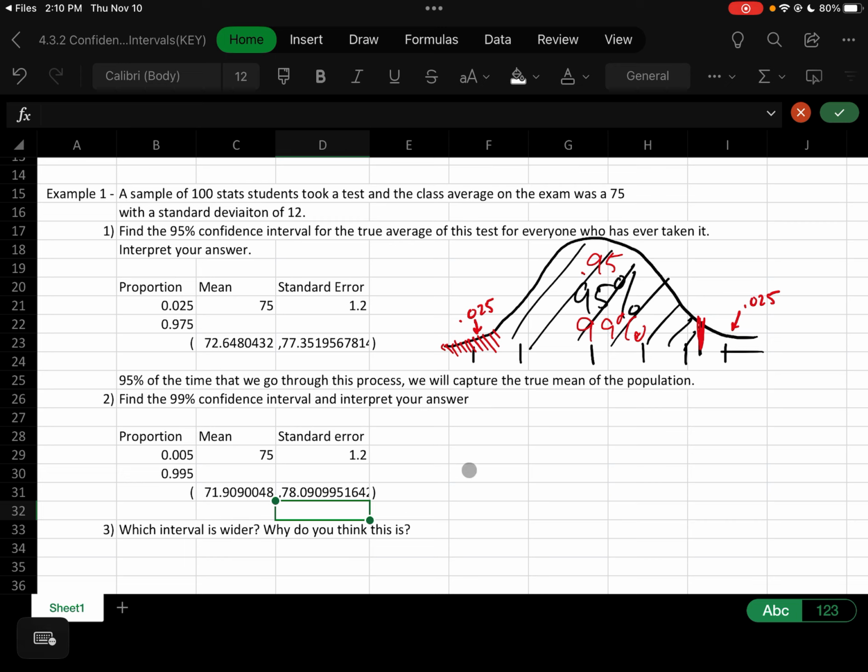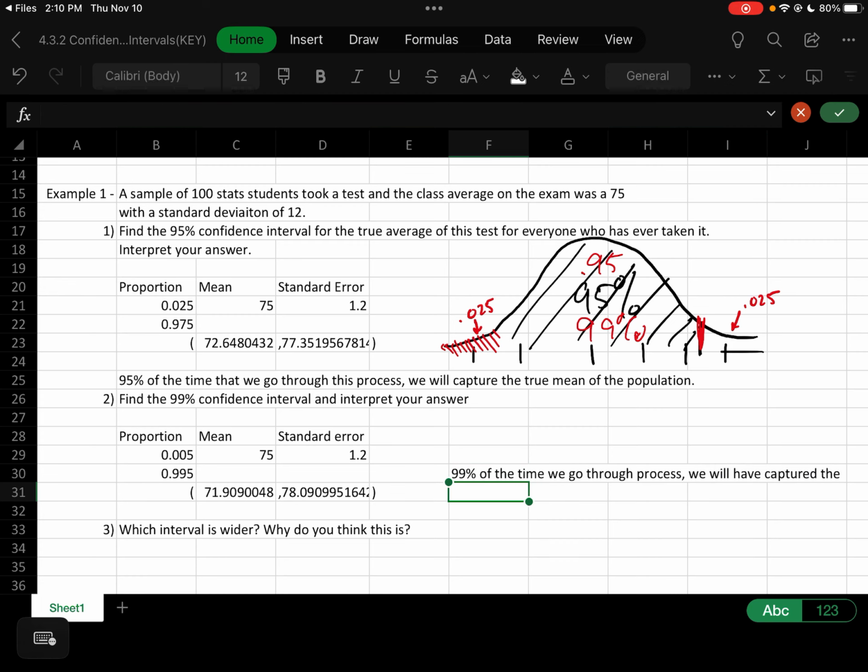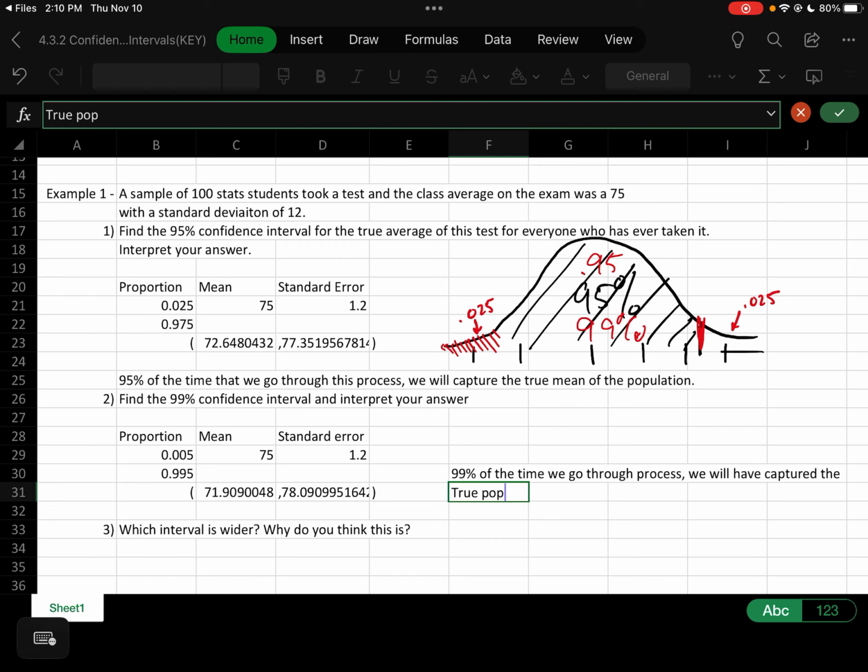Again, let's interpret this. 99% of the time we go through this process, we will have captured the true population mean between 71.9 and 78.1.